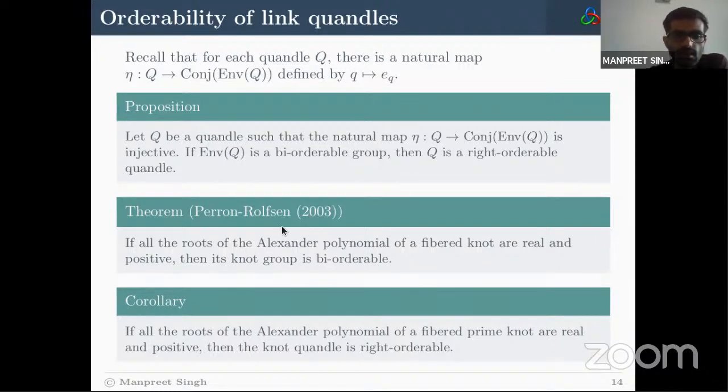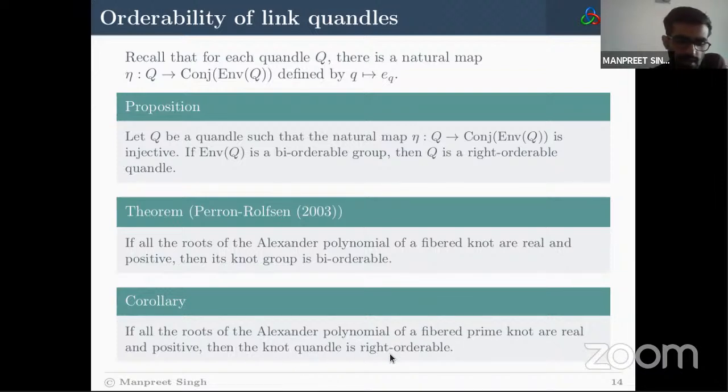Now it was proved by Perron and Rolfsen that if all the roots of the Alexander polynomial of a fibered knot are real and positive, then its knot group is a bi-orderable group. Now if we add the primeness here, that the knot is also a prime knot, then one can easily see that the knot quandle is right-orderable.